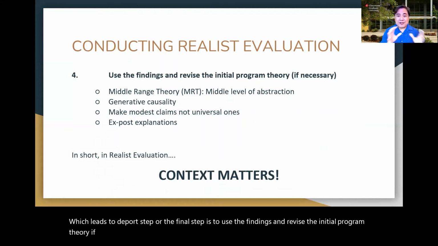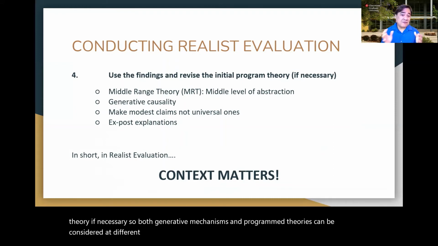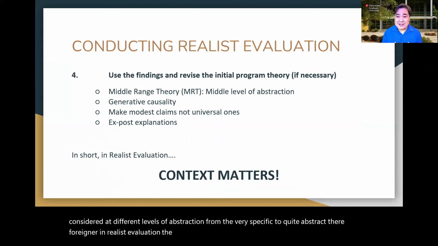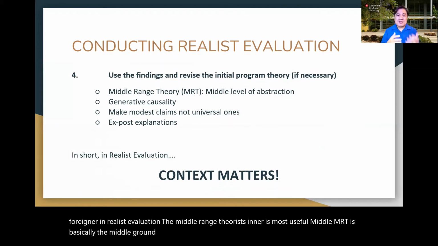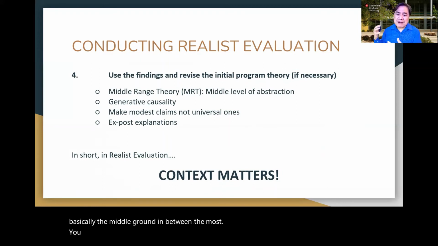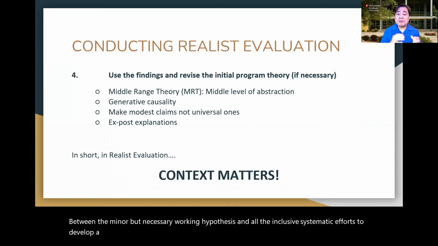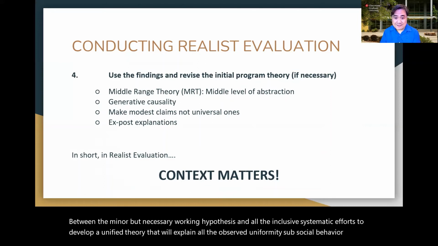So both generative mechanisms and program theories can be considered at different levels of abstraction, from the very specific to quite abstract. Therefore, in realist evaluation, middle range theories are most useful. Middle range theory (MRT) is basically the middle ground between the minor but necessary working hypotheses and all-inclusive systematic efforts to develop a unified theory that will explain all the observed uniformities of social behavior, social organization, and social change.